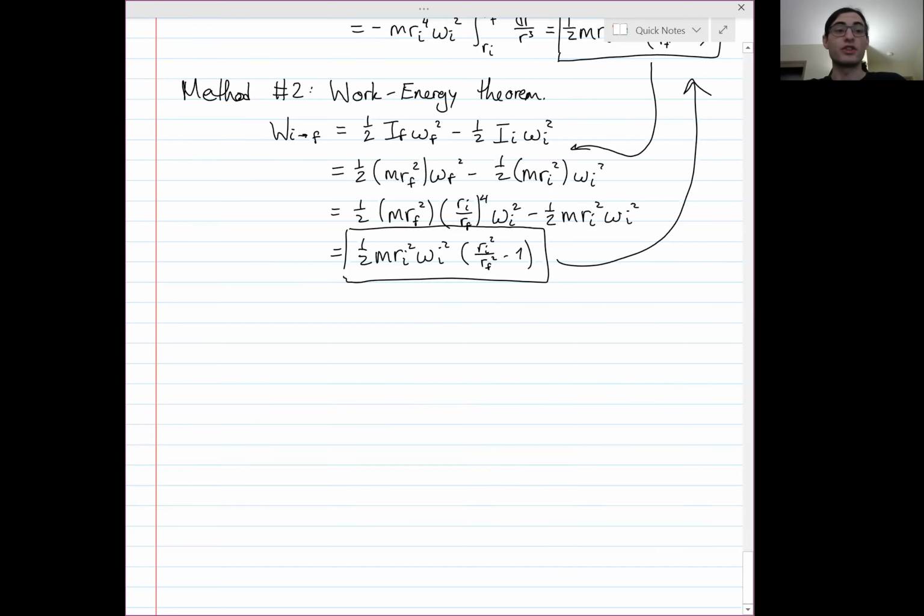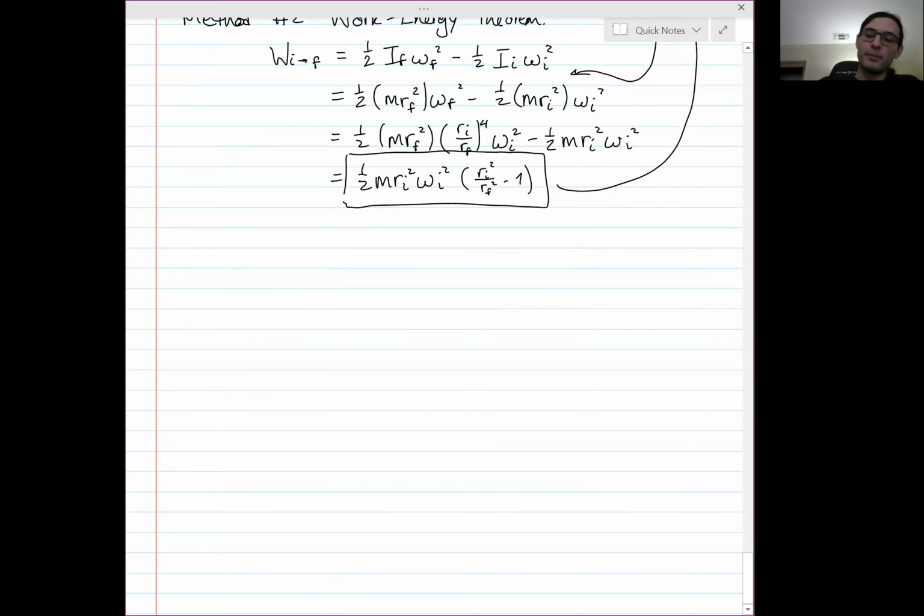So because of this fact that we have this extra formula, effectively that the initial angular momentum equals the final angular momentum, that gives us another tool. And indeed, we need that extra tool. The reason is that there are some problems that can only be solved with angular momentum conservation.